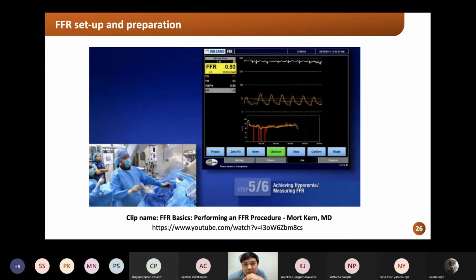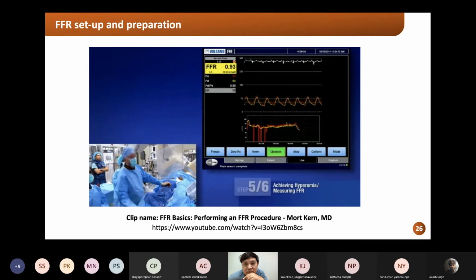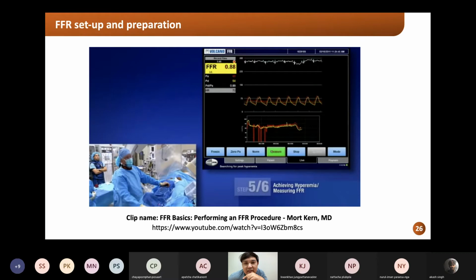Now you see the damping caused by injecting the adenosine, and the FFR value in this patient is about 0.88.